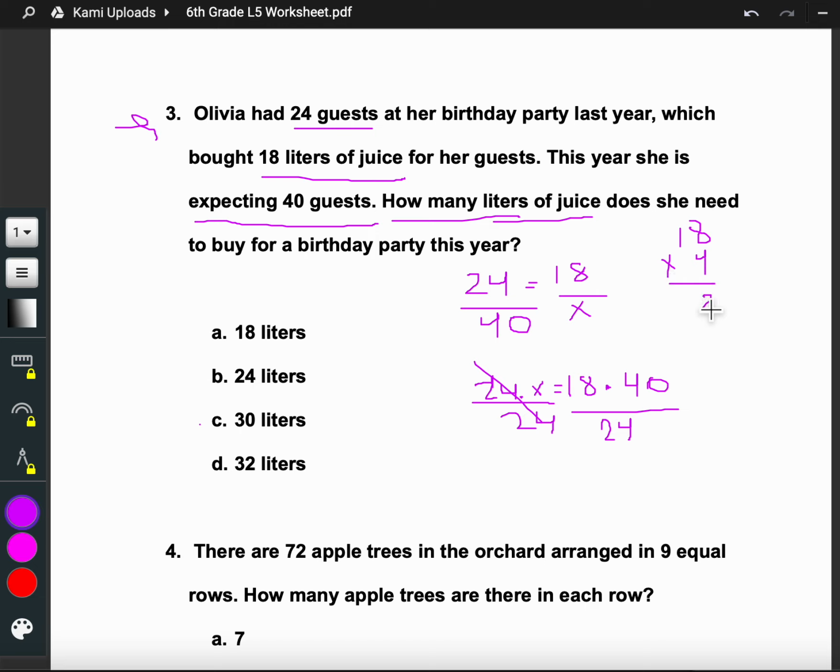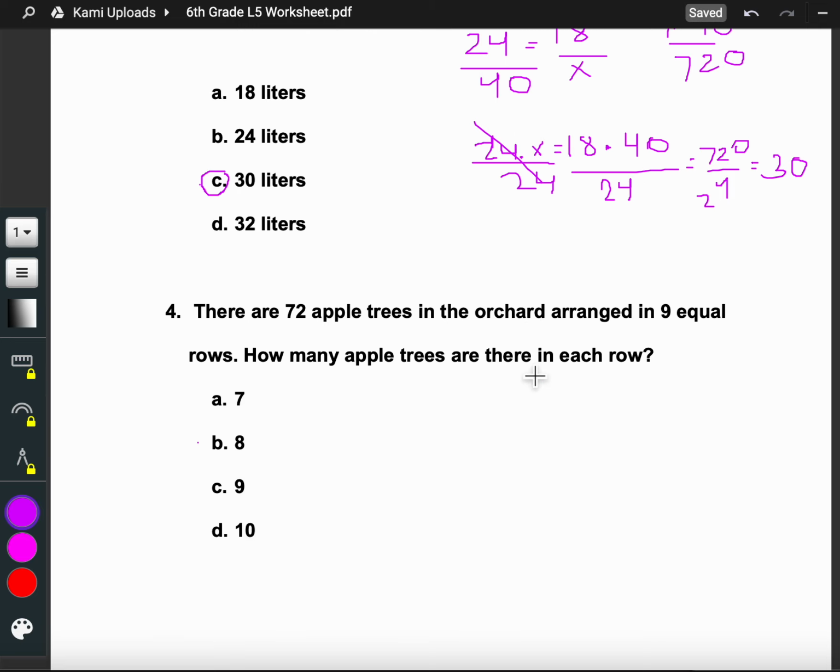So we get 72, and we can add in that 0 from the 40. Like that. So that's 720 divided by 24. And 24 times 3 is just 72. So we can add in this 0, because that would mean 24 times 30 is 720. So the answer would be 30 liters. She would need to buy 30 liters of juice for 40 guests if she's expecting 40.